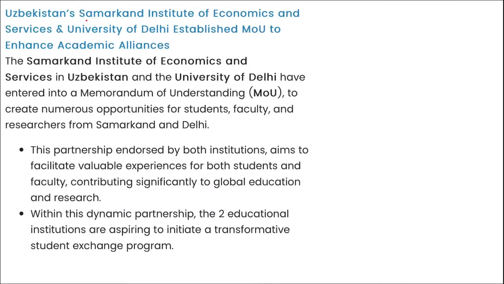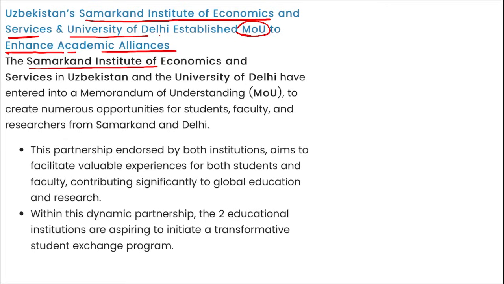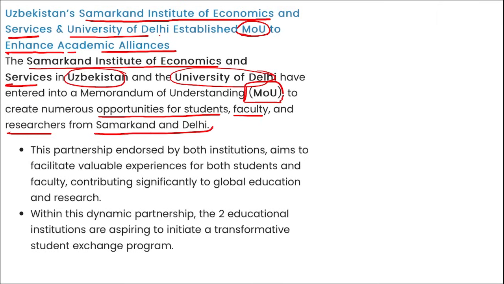Next, Uzbekistan's Samarkand Institute of Economies and Services and Delhi University have established an MOU to enhance academic alliance. I repeat, it is the Samarkand Institute of Economies and Services in Uzbekistan, and Delhi University in Delhi, India. They recently signed this MOU to create opportunities for students, faculty and researchers from Samarkand and Delhi. That means students and faculty can exchange and do research in various fields, right?